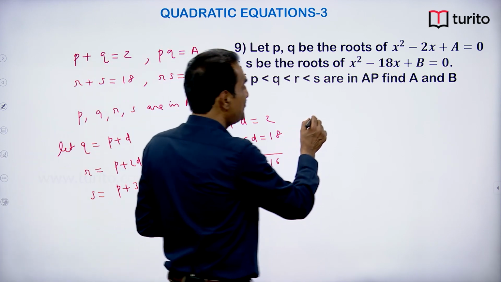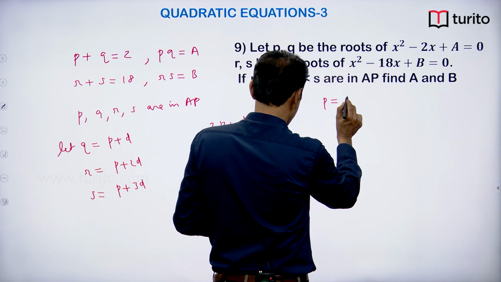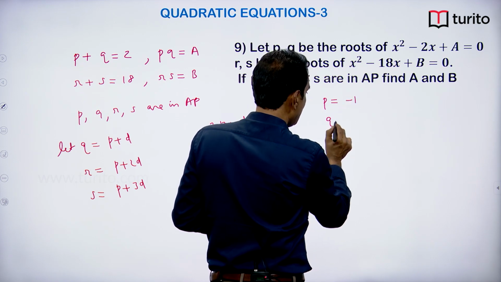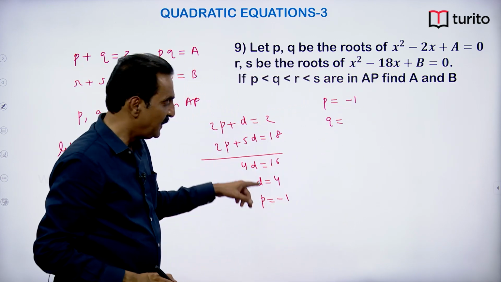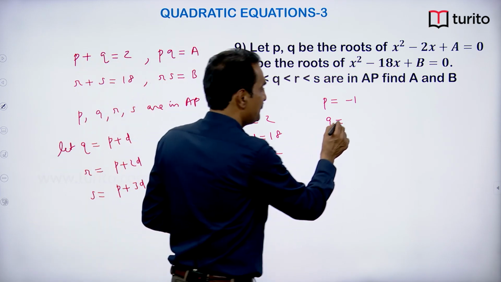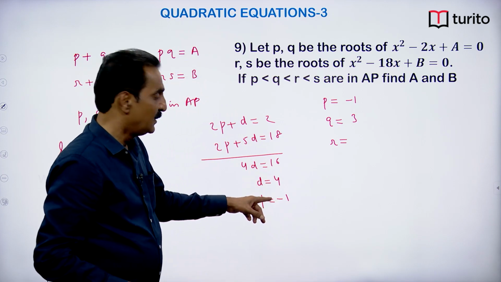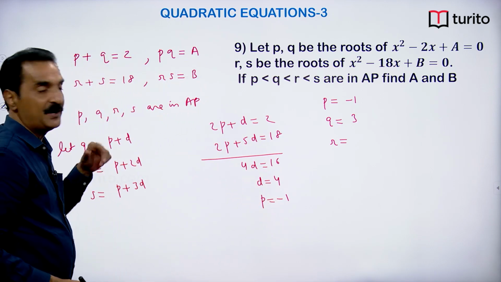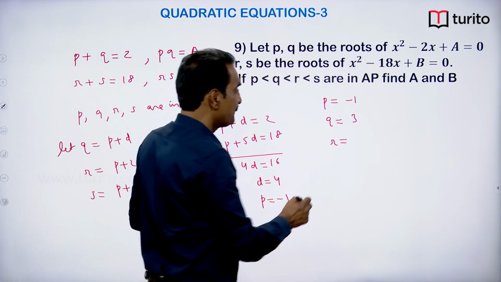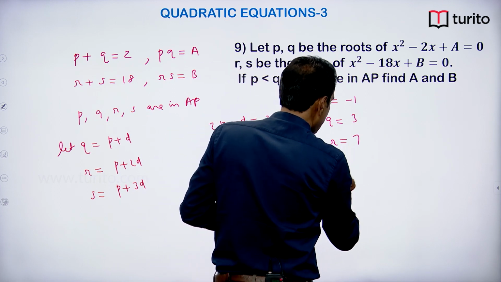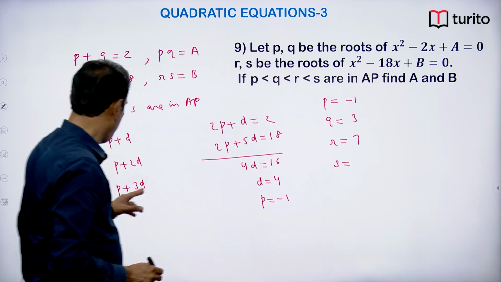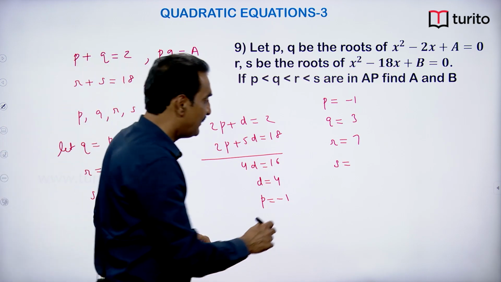Then what are the numbers P, Q, R, S? P is minus 1, Q is P plus D, that is 3. R is P plus 2D, that is 7. S is P plus 3D, that will be 11.